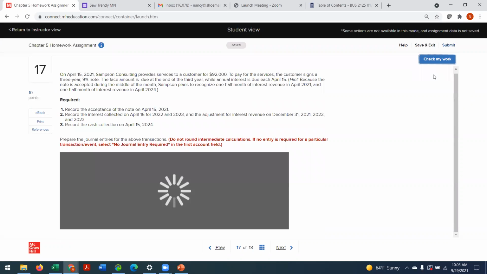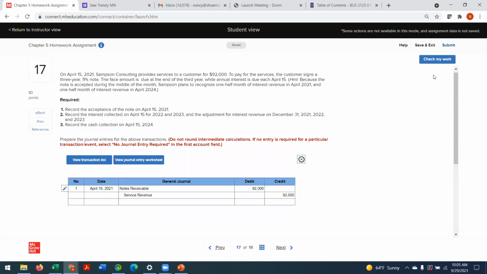Now, the next one is record the interest collected on April 15th, 2022 and 2023, and the adjustment for interest revenue on December 31st, 2021, 2022, and 2023.